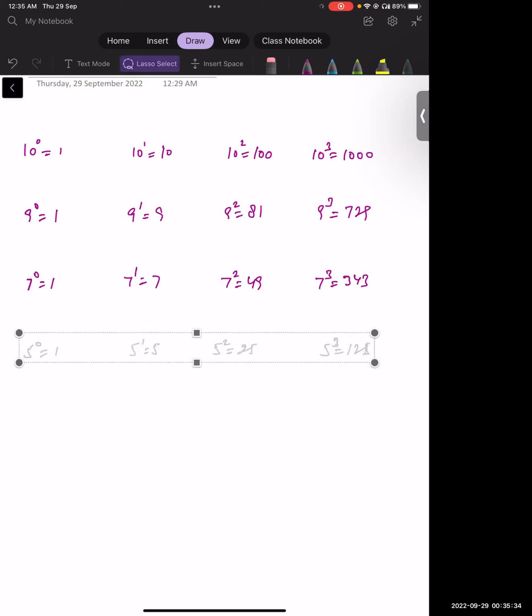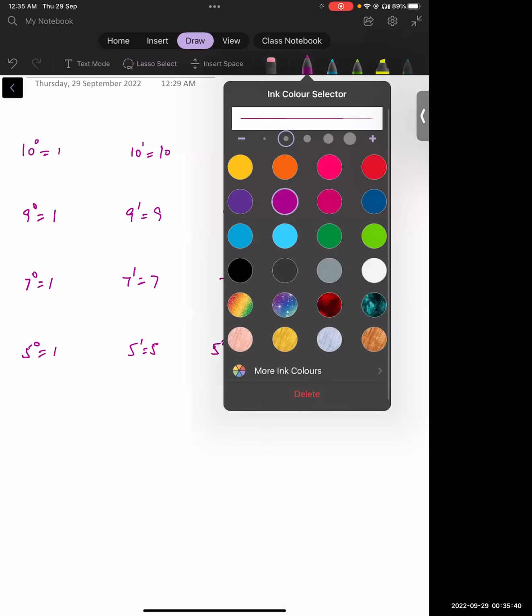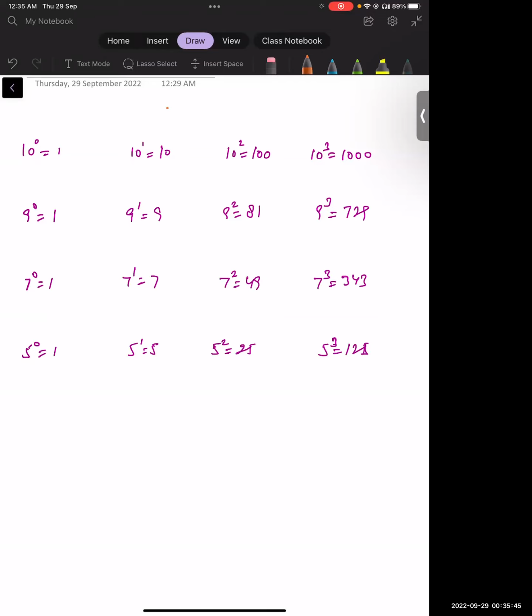Okay, let us see what log is. As you can see, these are the three terms written over here. These terms can be written in a different manner because we have studied them from childhood. The same thing can be written in the logarithm format.